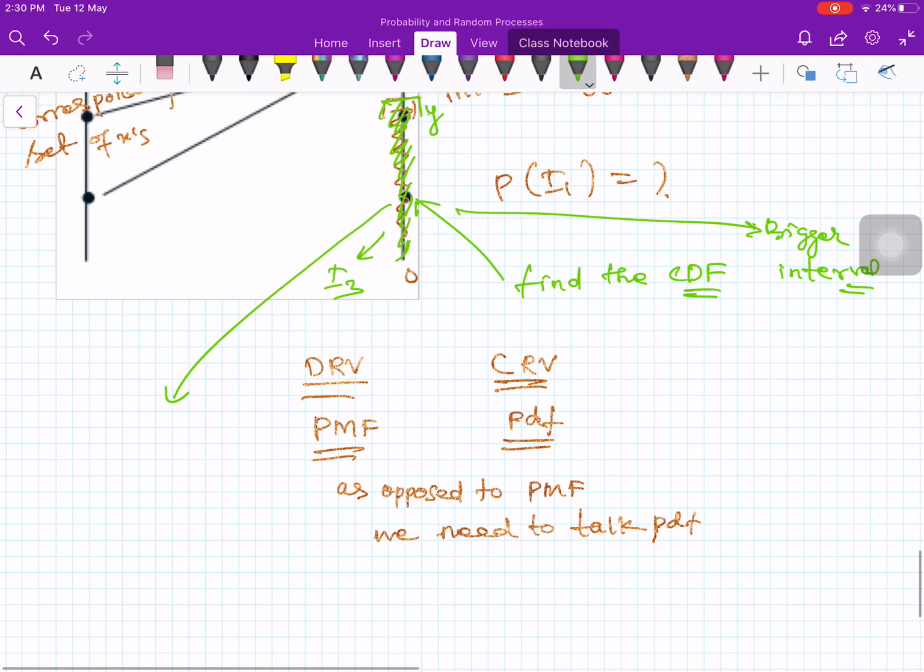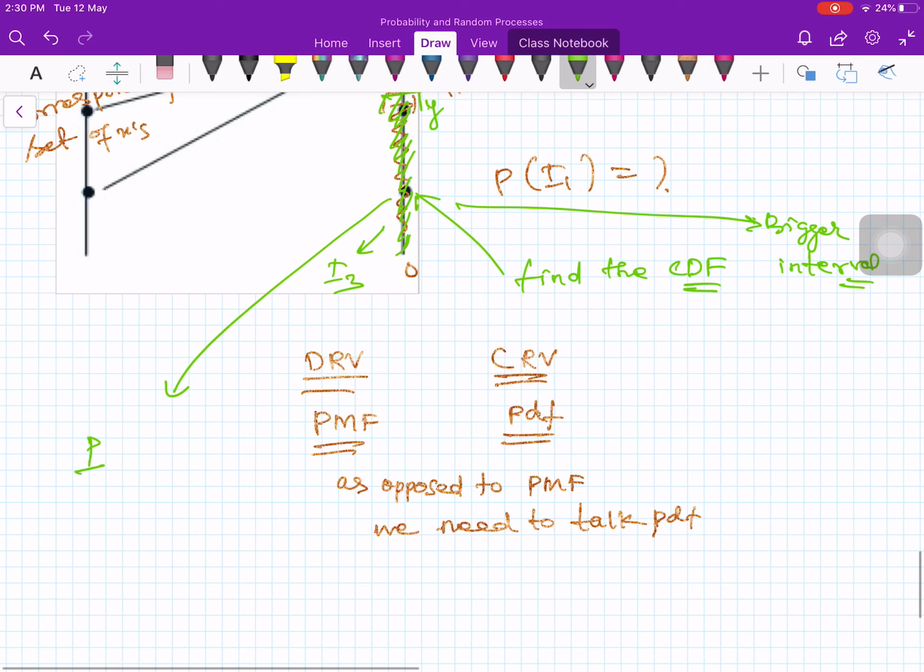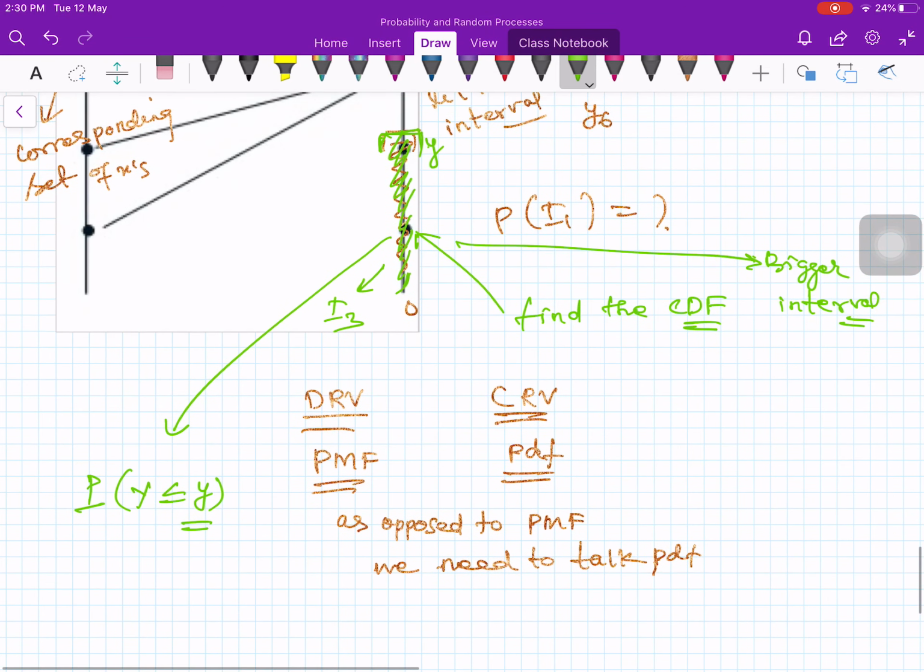This is written mathematically as P of capital Y is less than or equal to small y. So this is the y upper bound. All values are less than that y, so the certain value is y.